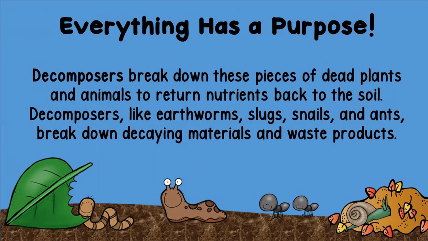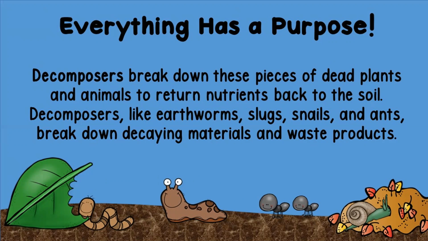So that also means animals go to the bathroom in the woods, and these little decomposers will break down what's left behind and reuse that as energy for themselves. And also, they help to take the nutrients out of what's left behind and put it into the soil. Makes a good fertilizer.